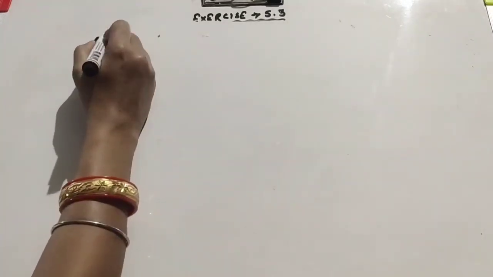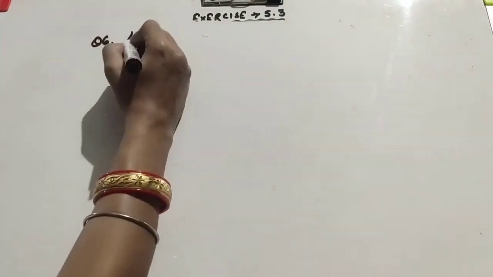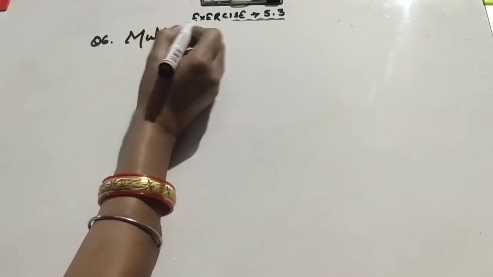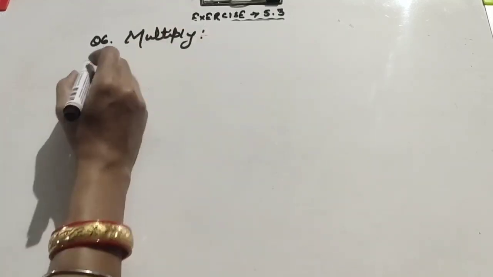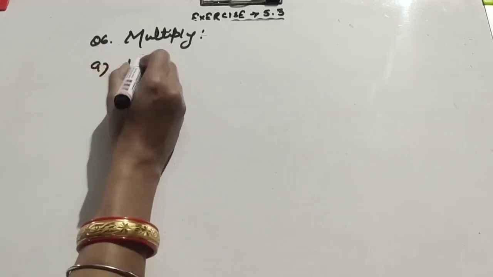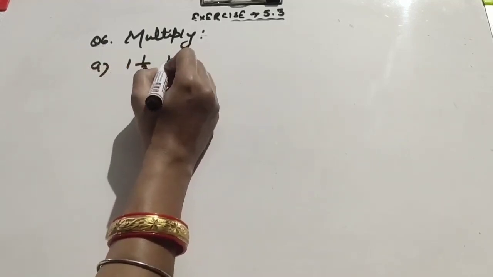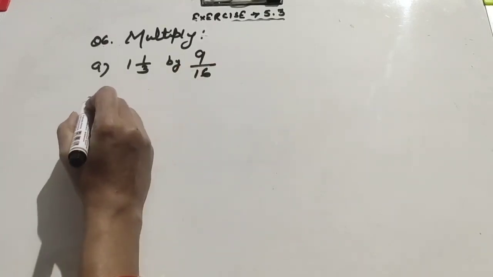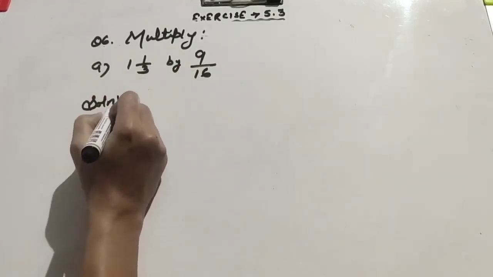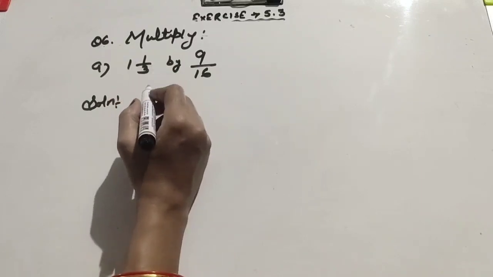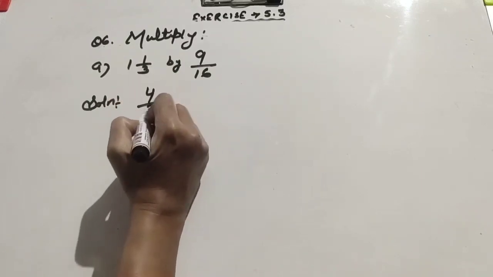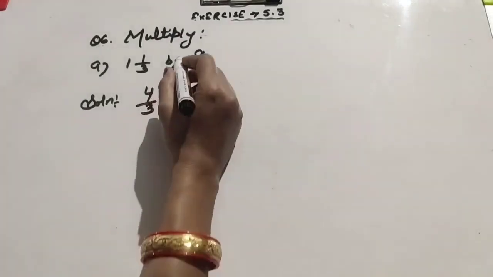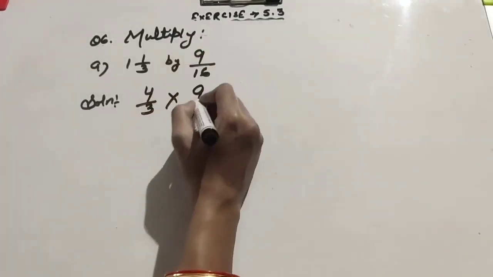Question number 6 is given. Multiply. It is also a very easy process. Just look here. A number is given, 1 1 by 3, by 9 by 16. 3 1s are 3 plus 1, 4 by 3. By means multiply 9 by 16.